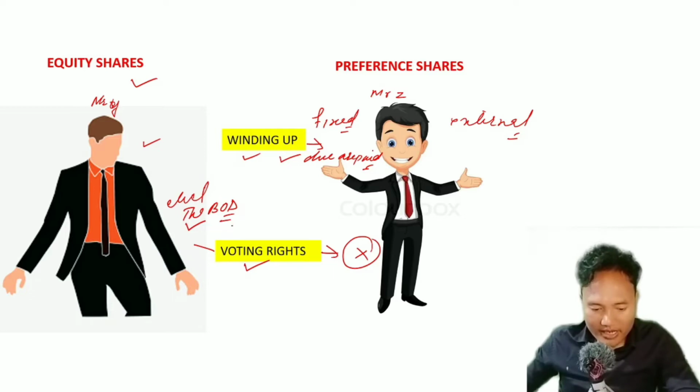Even all the managers and the CEO are appointed by the equity shareholders. So these are some of the powers and functions granted to the equity shareholders. The preference shareholders cannot vote, and they cannot elect any board of directors or any managers of the company.